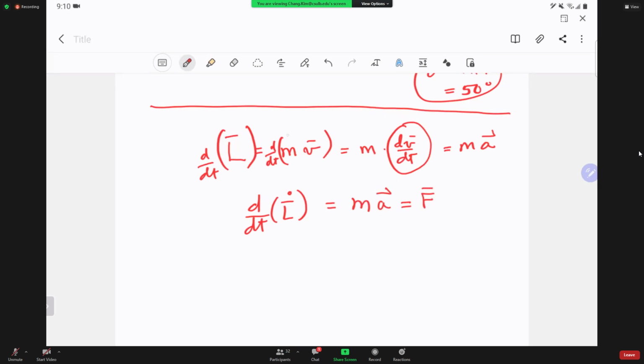And this L is known as linear momentum, that is simply mass times the velocity.